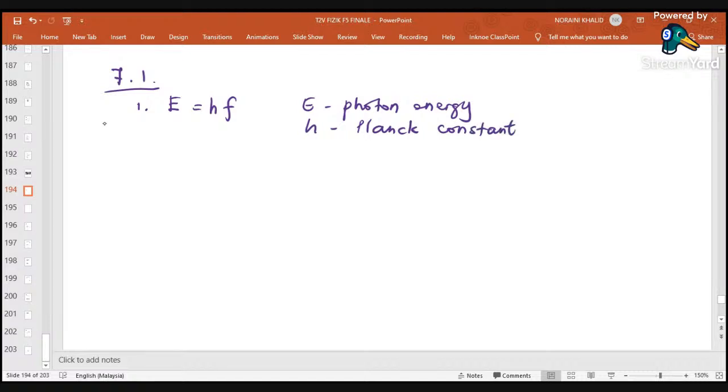And then f is the frequency. This one we call it photon energy. And then the power equals to nhf, where n is number of photon.